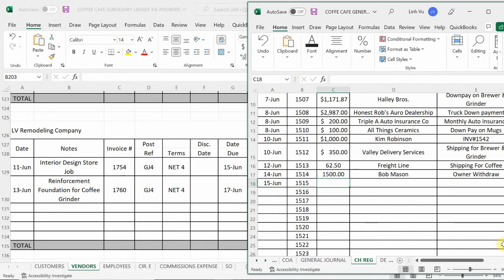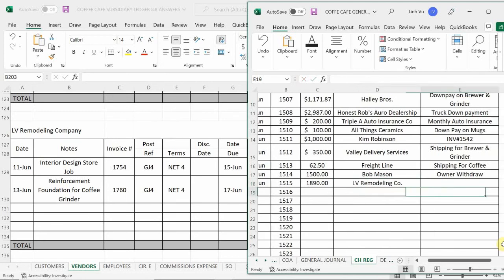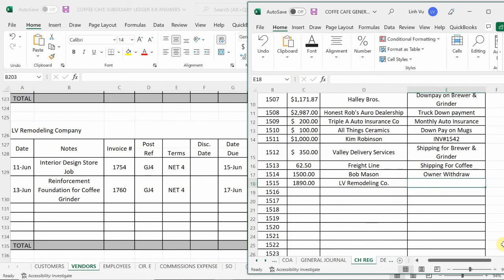For how much? For 1890. To who? LV Remodeling. And for what reason? They did the interior of the store.